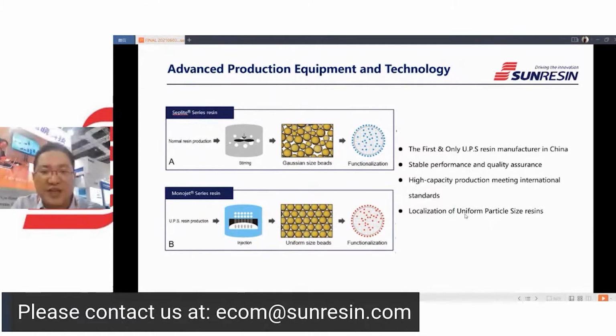We have three factories in Gaoling, and the high capacity production can meet international standards. We have supplied our UPS resins to the largest and second largest panel manufacturers in China, so we have started the localization of uniform particle size resins.